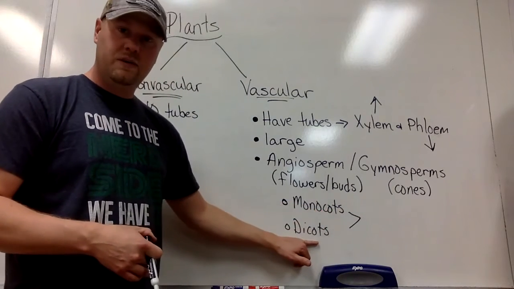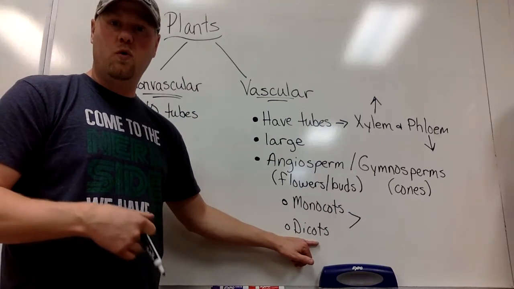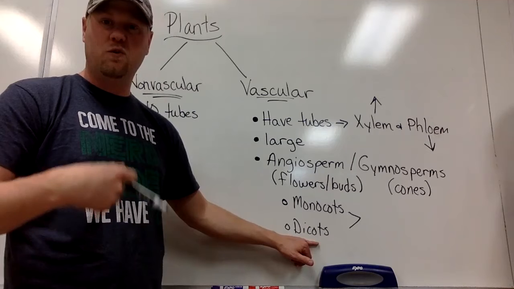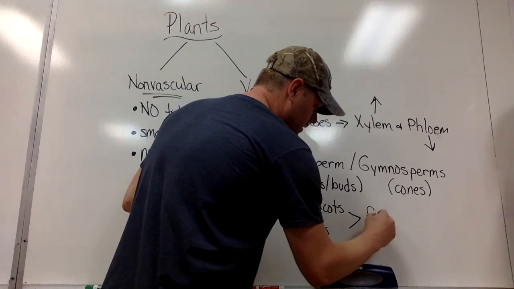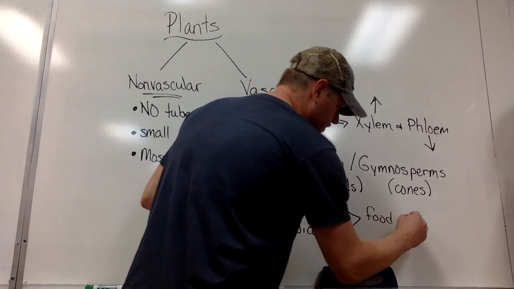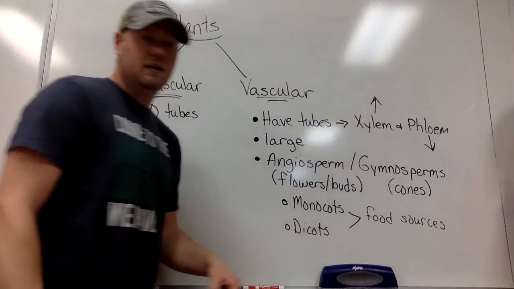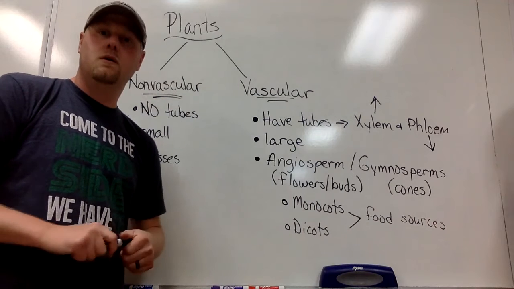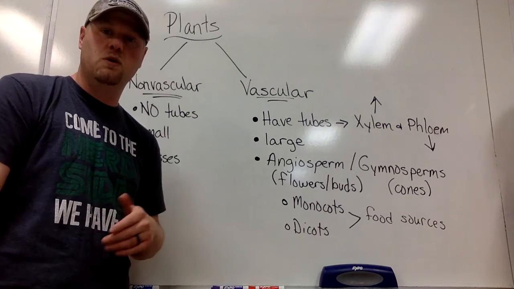Dicots are also going to be some of those, but that's going to be something a little different. That's almost more like corn, or some of the other trees and plants that we might utilize for different food sources. But guys, that's really the main thing that I want you to take away about monocots and dicots. We use an awful lot of them for our food sources, okay? And that's really all we need to worry about.